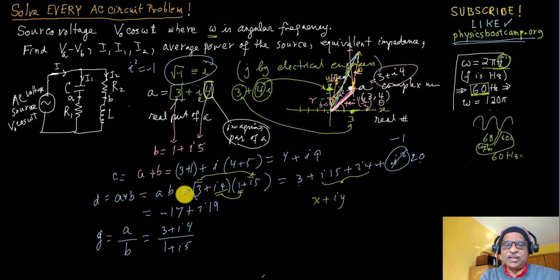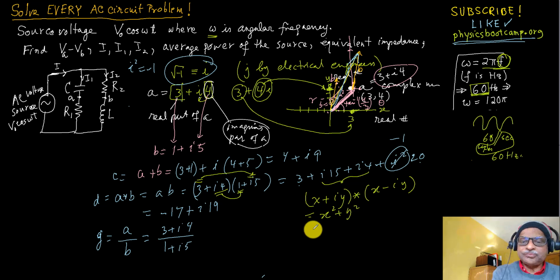So if I multiply this number with x minus iy, then this will become a real number. This will simply be x square plus y square. Okay, you can check. So I play a trick to convert the denominator into a real number.